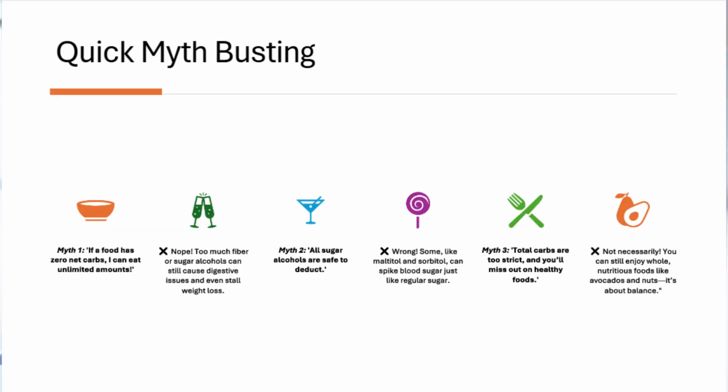So let's do a little bit of myth busting first. Myth number one: if a food has 0 net carbs, I can eat as much of it as I want. Absolutely not. Too much fiber or sugar can still cause digestive disturbances. How's that for a diplomatic way of saying it?